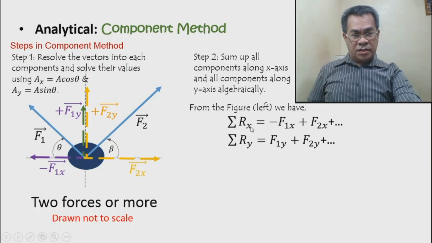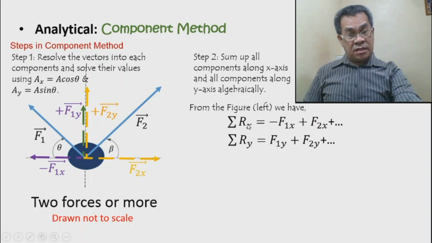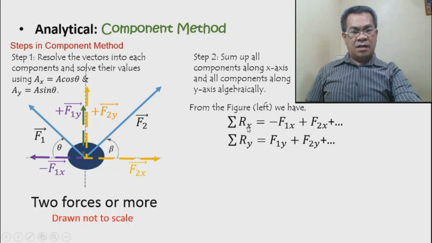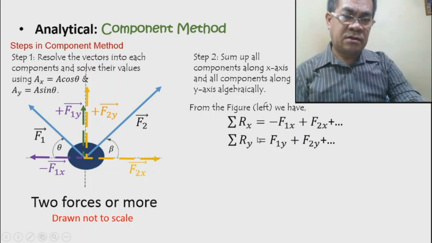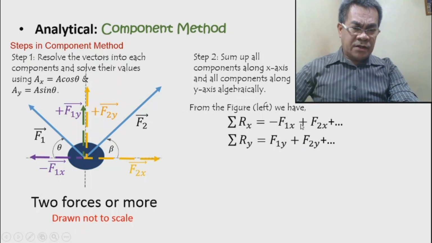Rx is the component of the resultant along x, and this is the component of the resultant along y. So practically, we can calculate the resultant because the resultant is actually the hypotenuse of these two sides. Each will serve as a side of the triangle. Okay? So therefore, look at this one.